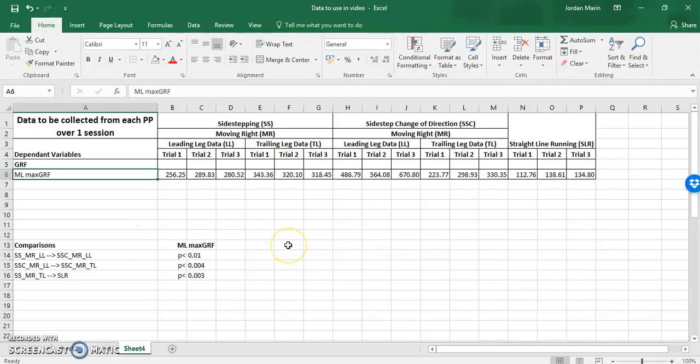So effectively what this means is that there is significantly more force applied when the participant changes direction in the leading leg than when he simply sidesteps all the way across the force plate.